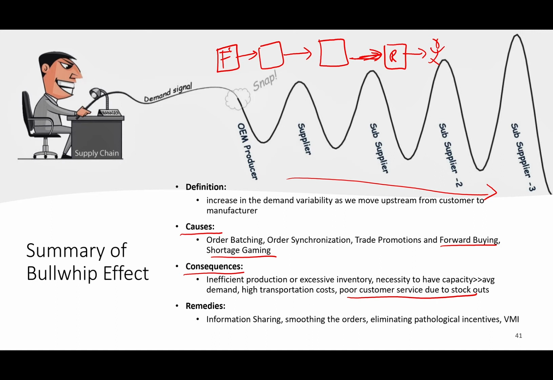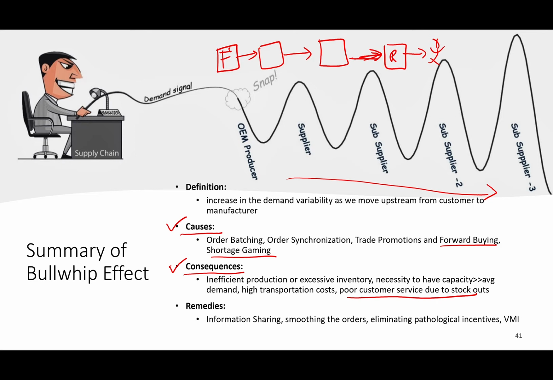So once we understood the causes and the consequences, we thought, okay, well, this is a bad thing. Clearly, it's inefficient. How do we remedy this? So in order to remedy it, we understood that information sharing is the foremost method of reducing the bullwhip effect.